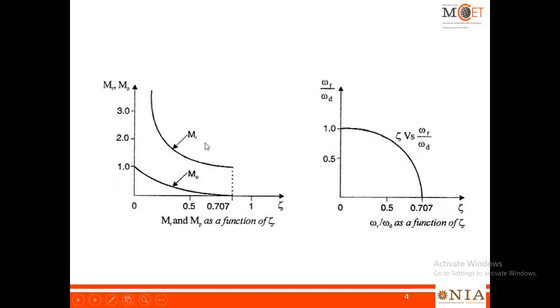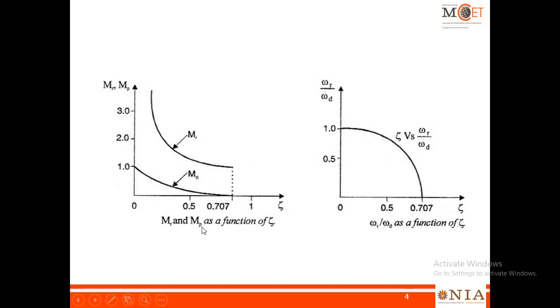Just go back and see the expressions for MR and MP. This is the time domain specification MP, and this is the frequency domain specification, resonant peak MR. This is the peak overshoot, which happens at the peak time, if you remember it from the second unit that we have done.